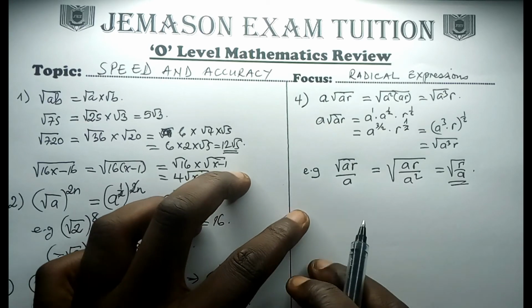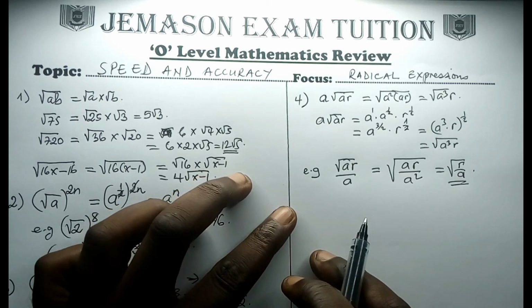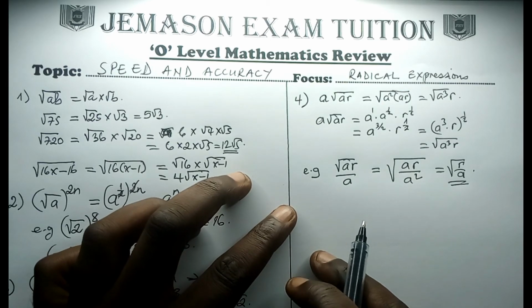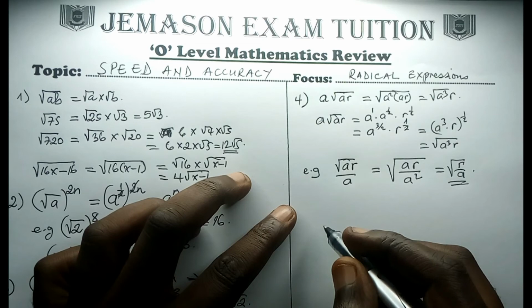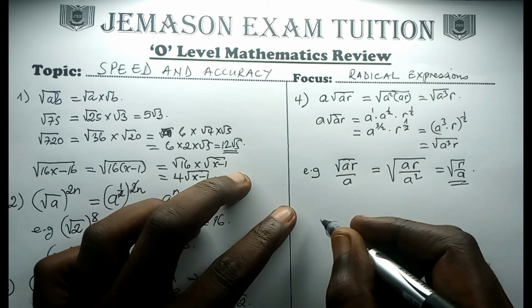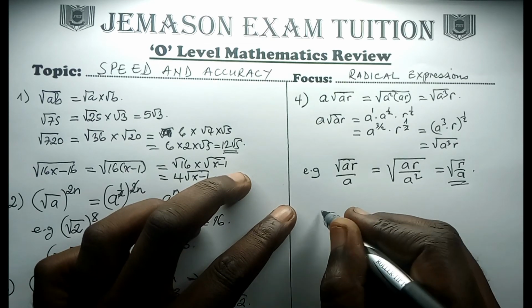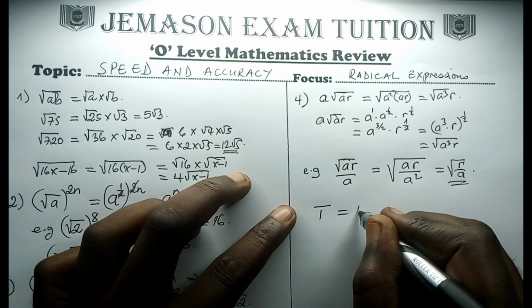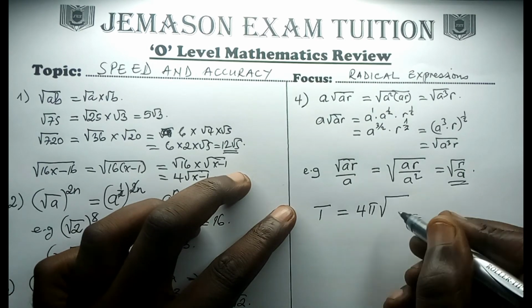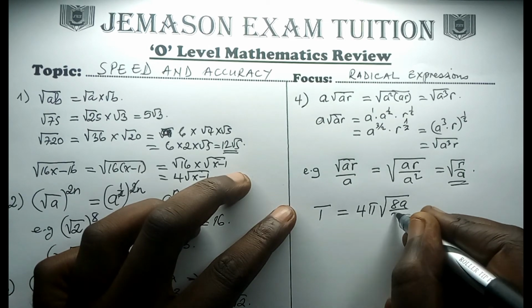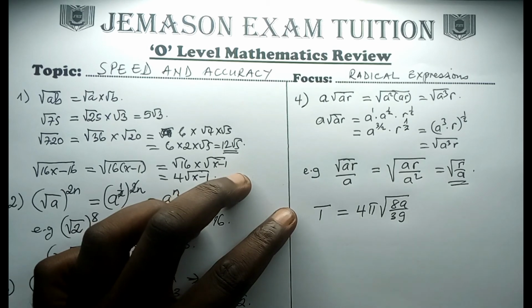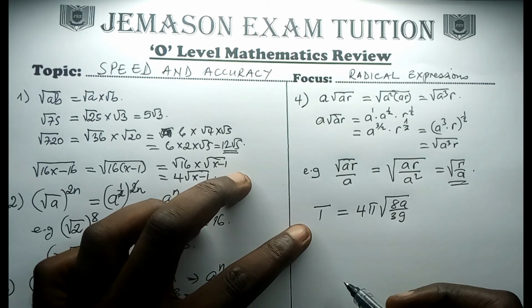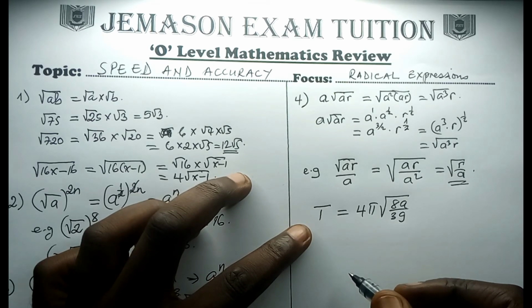There are situations in further mathematics under simple harmonic motion. They tell you that the period of a compound pendulum is given as T equals 4 pi the root of 8a over 3g, and you are asked to find the length of the equivalent simple pendulum.